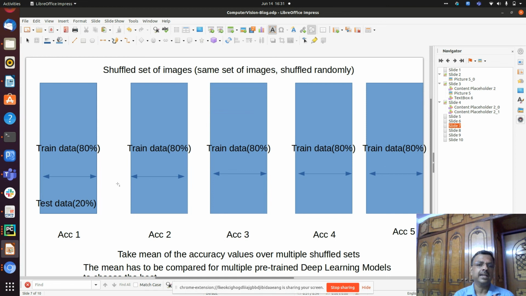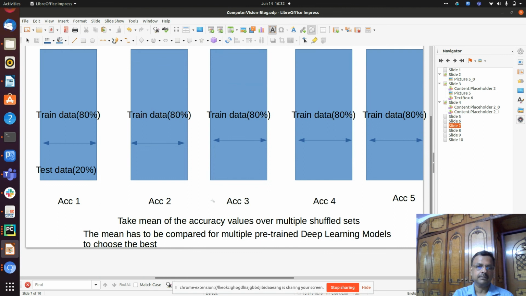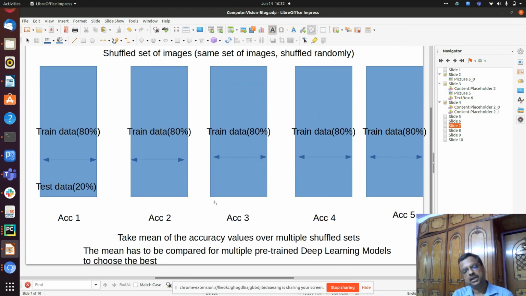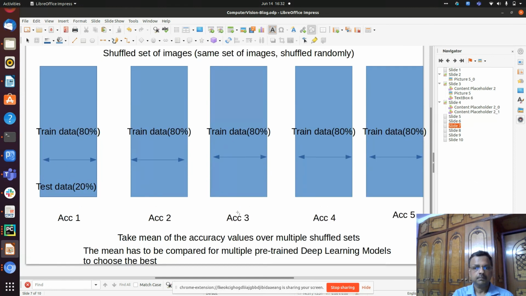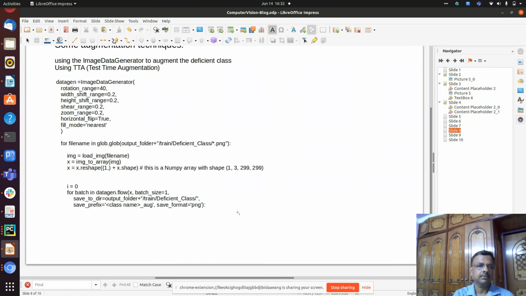The accuracy will vary in a good range. And one has to take the mean of that to determine the final result of the particular deep learning model that we're using for this particular situation, and then take a decision. So this is how it should go, right?